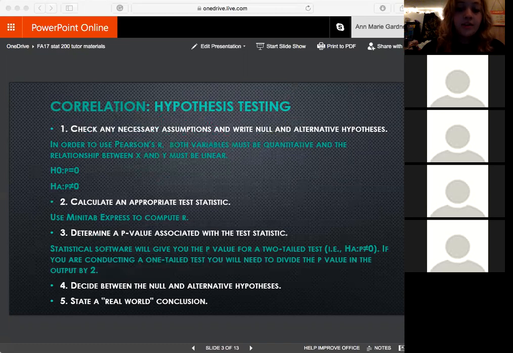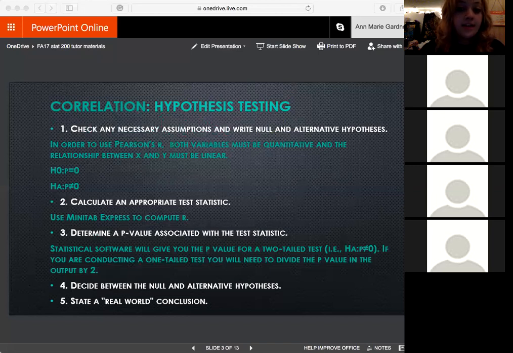That's why we're talking about what's needed in order to use Pearson's R. It means that both variables have to be quantitative, so they have to have a value associated with them, and also that the relationship between the X and the Y does have to be linear, because you can't really find a correlation between nonlinear relationships, because that's not what Pearson's R is based upon.